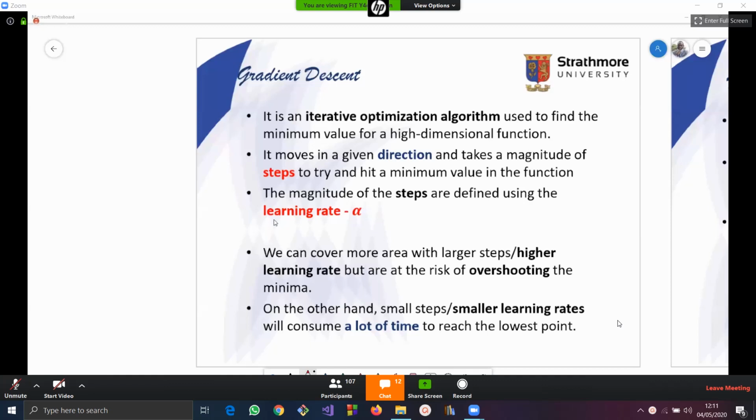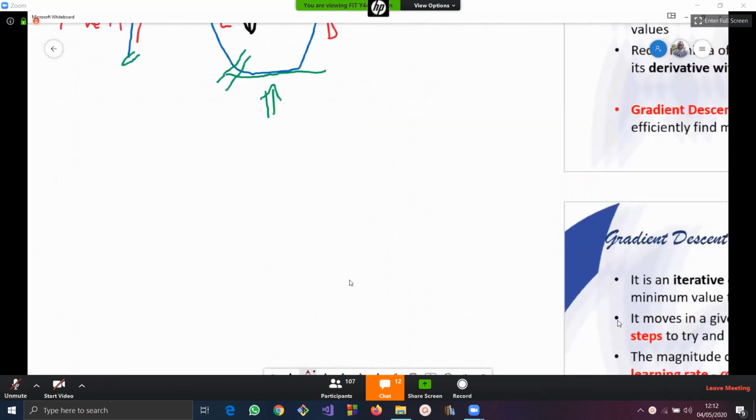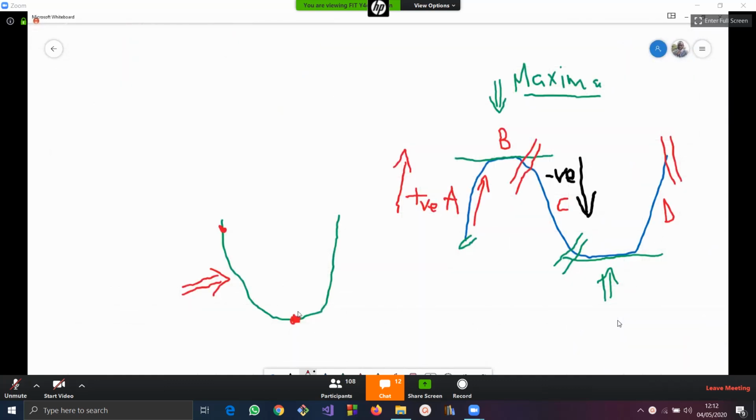If gradient descent is able to successfully find the minima, the point that we drew up there, we say that it has converged. The closer it moves to this point, the more it's converging. The farther it moves from the point, you are diverging. So gradient descent needs to converge at this point.